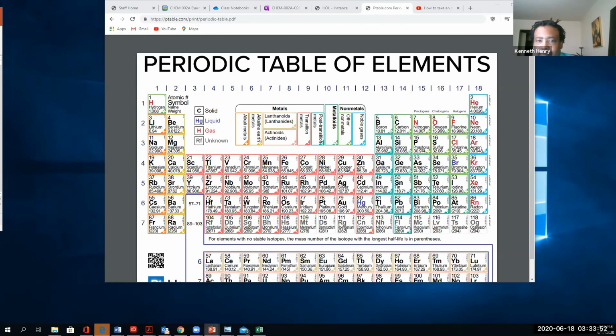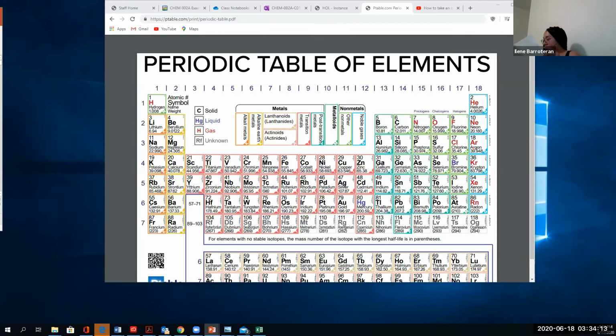And also be sure of the metalloids, because the colors of metalloids and the post-transition metals are kind of close. So be sure that you can distinguish between the two. I just noticed something where we can distinguish the difference.